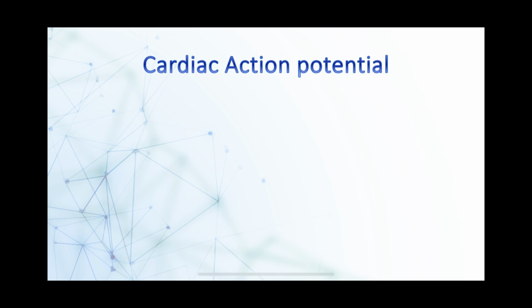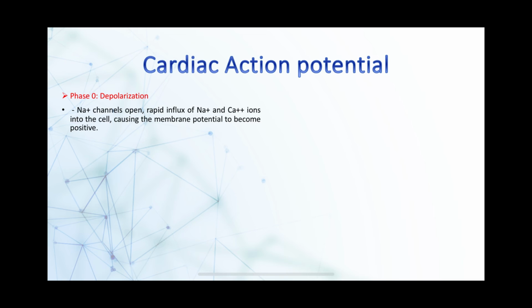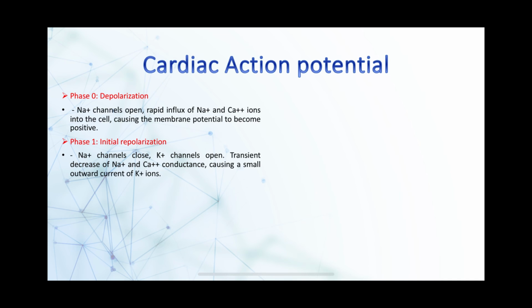Cardiac action potentials. Phase 0. Depolarization. Sodium channels open. Rapid influx of sodium and calcium ions into the cell, causing the membrane potential to become positive. Phase 1. Initial repolarization. Sodium channels close.